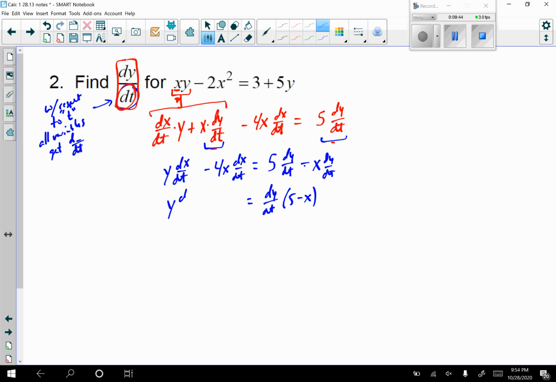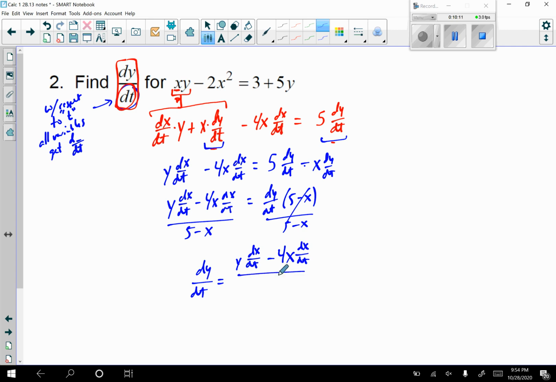Let's see, y dx dt minus 4x dx dt is over here. Divide by 5 minus x. Gone. So we end up with dy dt equals y dx dt minus 4x dx dt, all divided by 5 minus x.